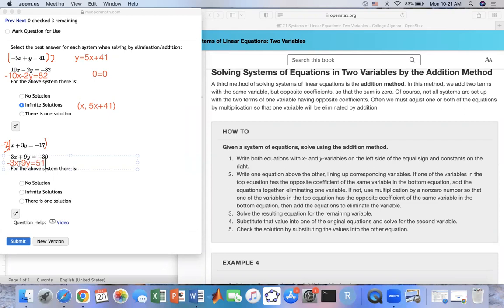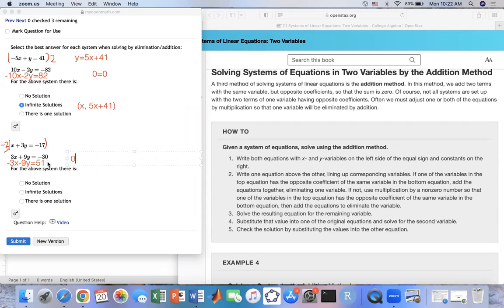Then you add these two together. On the left-hand side, it will be equal to 0, because 3x minus 3x is 0 and 9y minus 9y equals 0. However, the right-hand side, when you add it together, is not 0 at all.